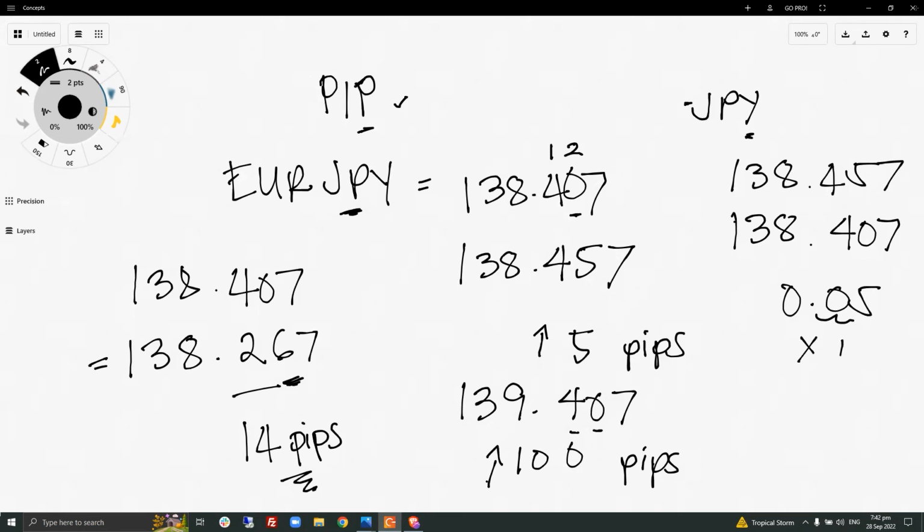So kung times mo lang siya sa 100, lalabas agad yan na 5 pips. Kung gusto nyo siyang gawin lang sa calculator, pwede naman yun. That would also work. So ita times, kung ano yung difference nung dalawang price times 100 sa JPY pairs, anything else times 10,000. Tapos, makakompute nyo na kung ano yung pips difference na yun.